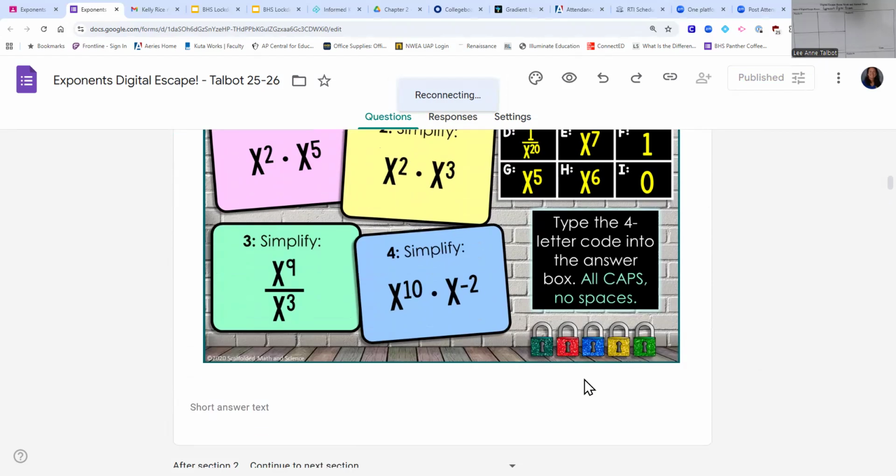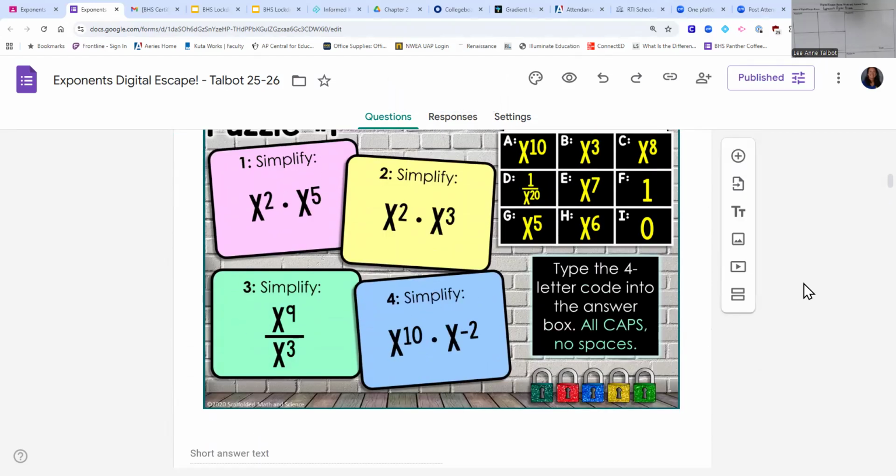Okay. Now this digital escape, a lot of times they're a lot of work. This one is not. This one is a very quick one. But I do want to remind you, multiplication, you add the exponents, and division, you subtract the exponents. Okay, so on this first one, what is the answer for number 1?